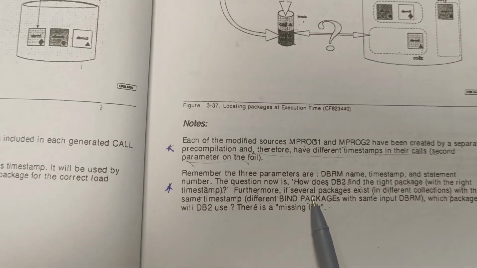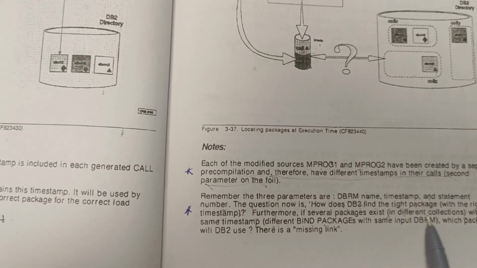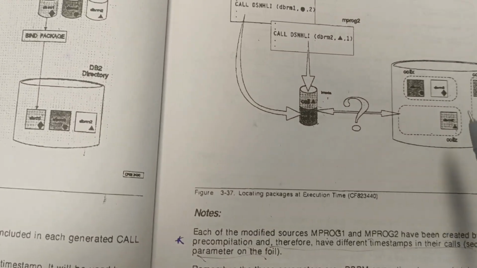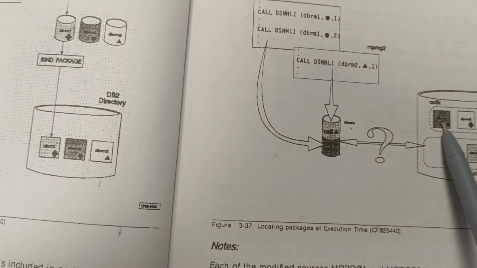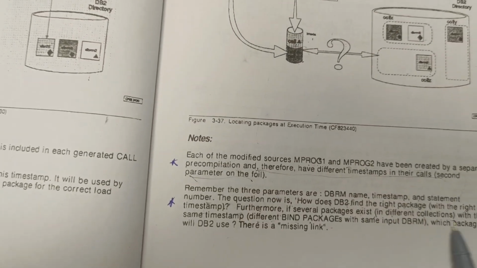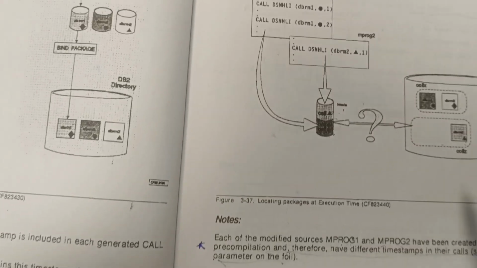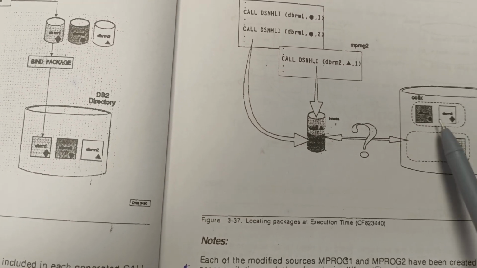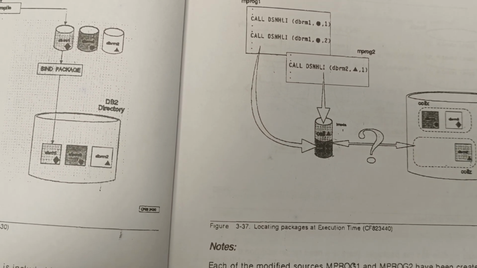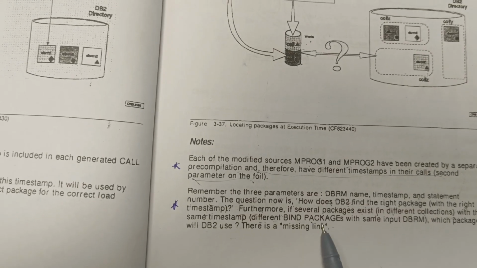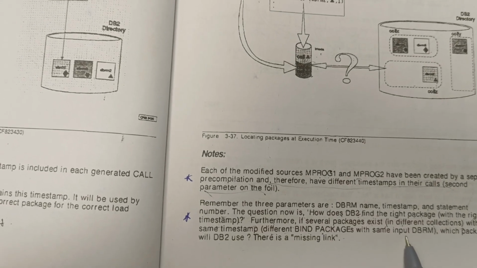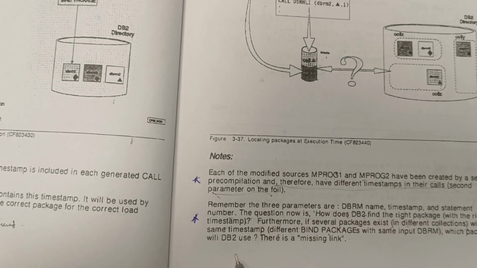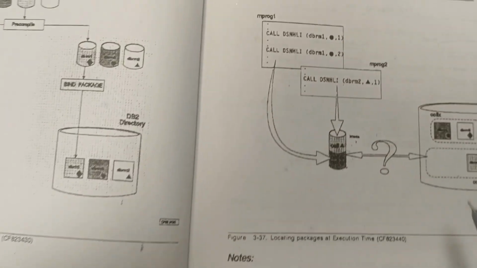That's what it is telling: if several packages exist in different collections with the same timestamp, meaning here one timestamp is there and here also one timestamp is there, but different bind packages with the same input DBRM, which package will DB2 use?